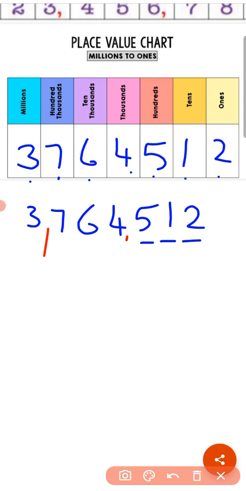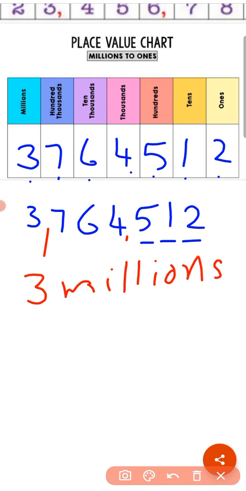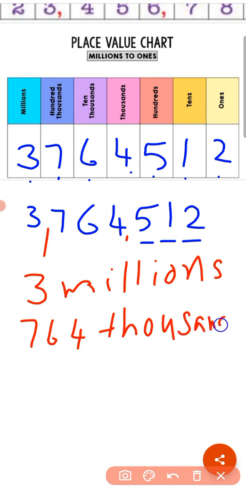So this number is 3,764,512. Okay. So here the place value chart is a chart which shows the different place value heading columns in order.